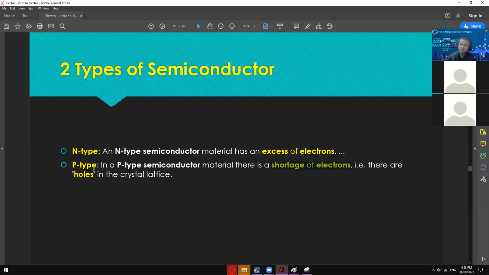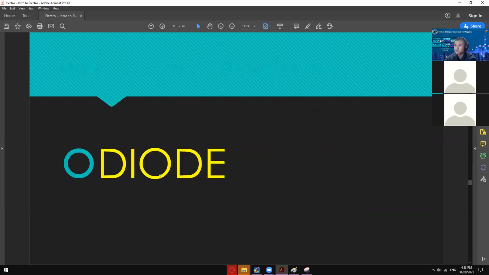N-type, mas maraming electrons. P-type, mas maraming hole. So the hole right here is like, let's just say that it's the proton, the positive one, because electron is the negative one. Okay? So, ganun lang kasimple kapag sinabi natin N-type and then P-type.